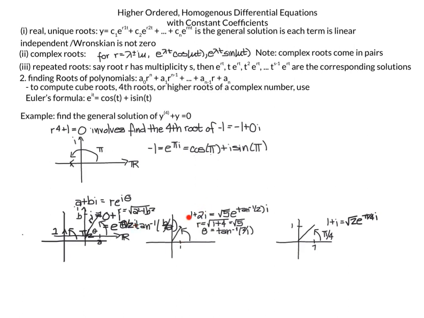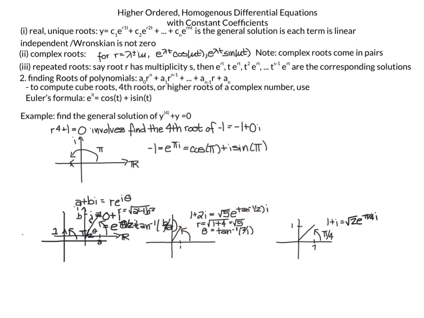If we have 1 plus 2i, that's 1 on the real axis and 2 on the complex axis, on the y-axis. The length of our vector is the square root of 1 plus 2 squared, which is square root of 5. So that's our radius, r. And then our angle is the inverse tangent of 2 over 1, or inverse tangent of 2.